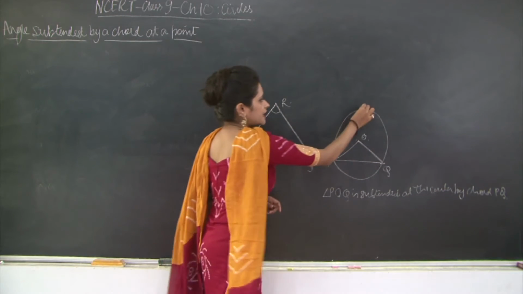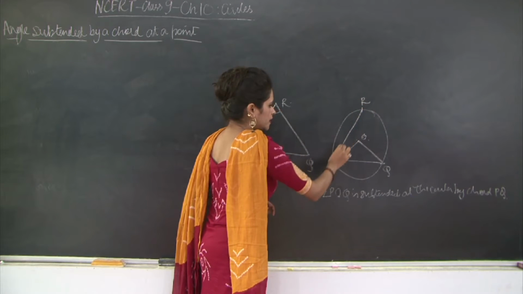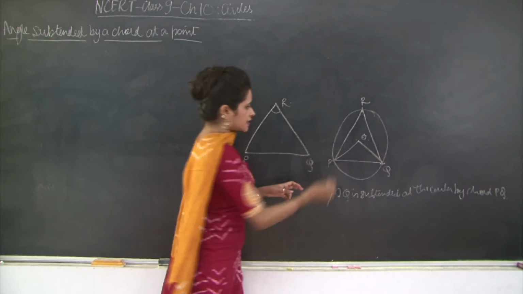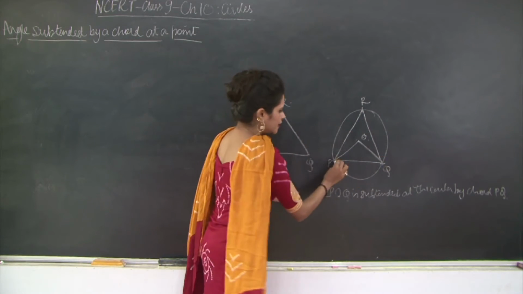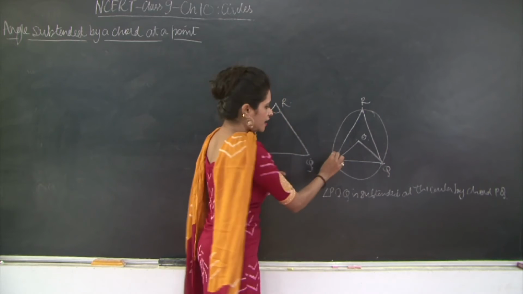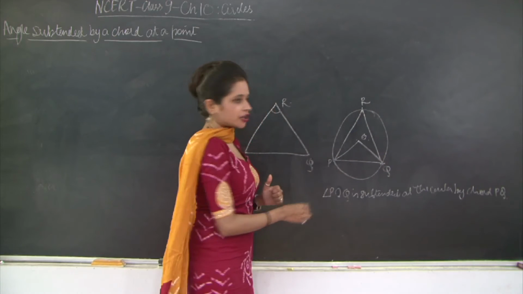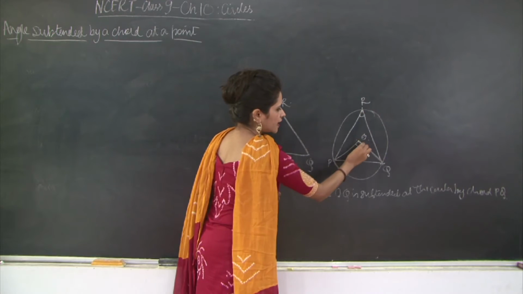If I take a point out here, let's say R, and I join R to P and R to Q, you notice that PQ is the chord out here, but this section here is the minor arc and this section here is the major arc. PRQ is your major arc. So angle PRQ, so this is one angle.